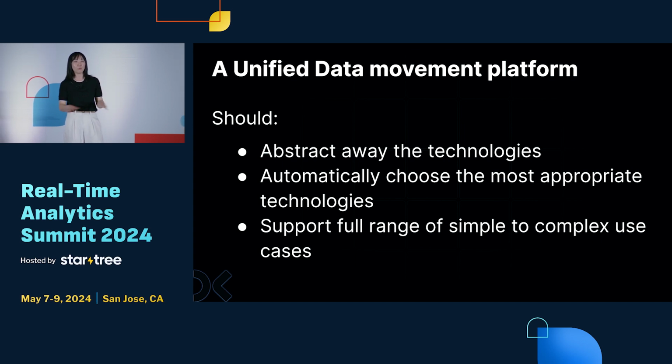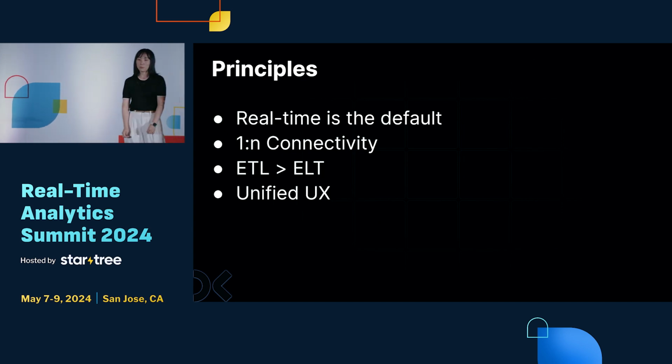So you don't want to let the user choose what technologies to use for data movement. It should automatically choose the most appropriate technologies for you, and you shouldn't need to switch to a different platform just because you want to do a different data movement. So those are the guiding principles for data movement. Well, those are what we think it should be.